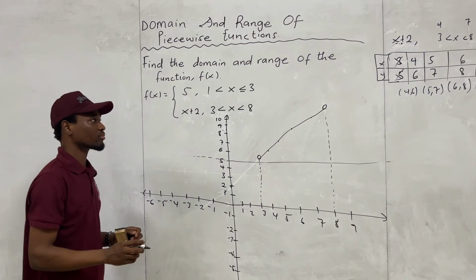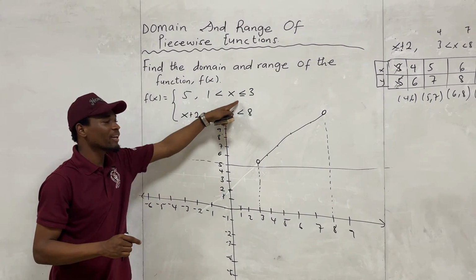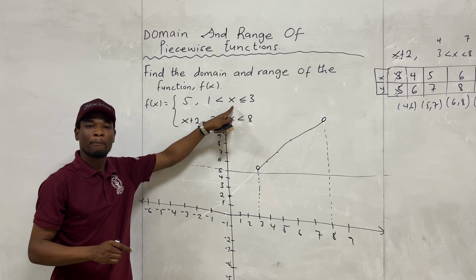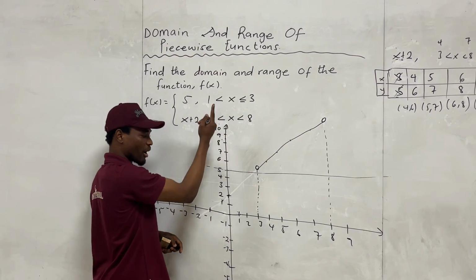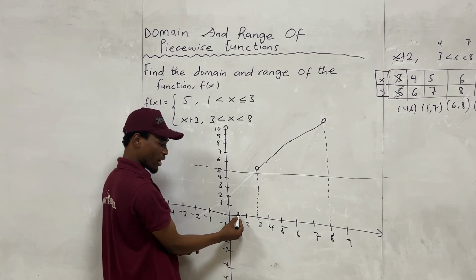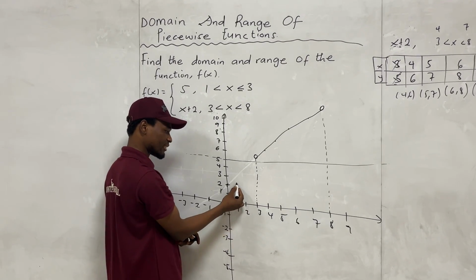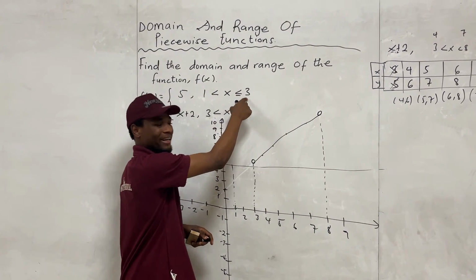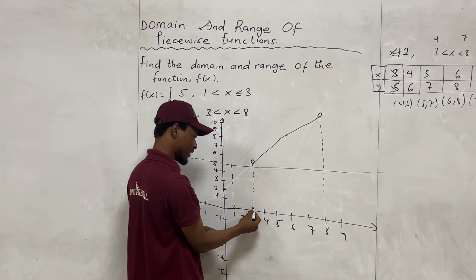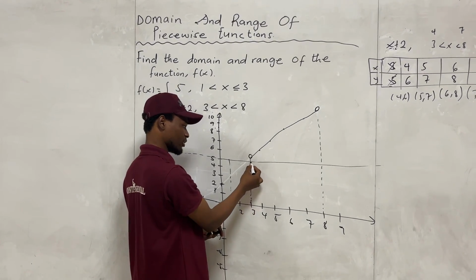Good. Now, let's obey the restrictions or the conditions or the boundaries. I'm starting from 1, right? Where is my 1? This is my 1, right? So let me trace this from here, then up to 3. So where is 3? This is my 3, up to this place, right? Good.